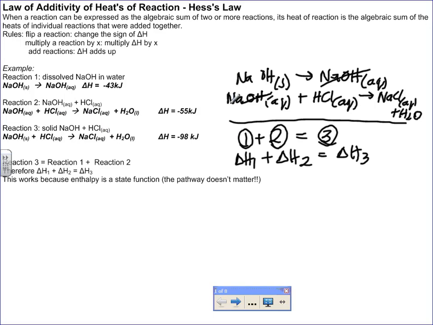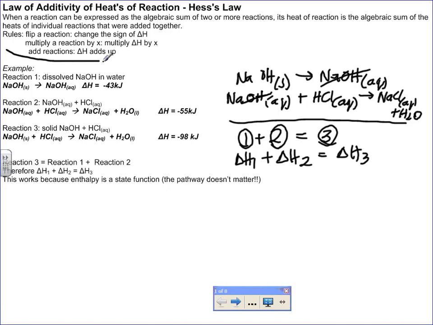So if we can add 2, 3, 4 reactions, we can find the delta H of the overall reaction. And perhaps what you see developing here is a skill that we've already used before, where we combine reactions and add them to produce a goal reaction. We manipulated the initial equations in order to make them add up to a final reaction.